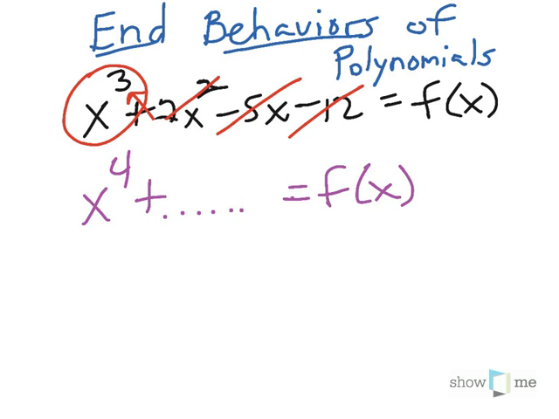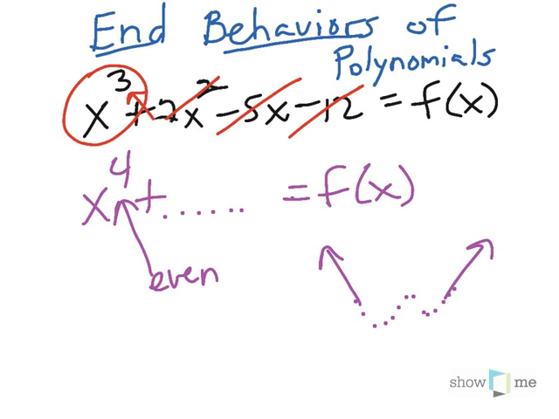If that's my function, then this even exponent tells me that my arrows are going the same direction. So I'm going to be going up or I'm going to be going down, but they both have to be going the same way. So it might be kind of like this. There might be some ups and downs in the middle. I'm not too worried about that, but both arrows are either going up or both arrows are going down.